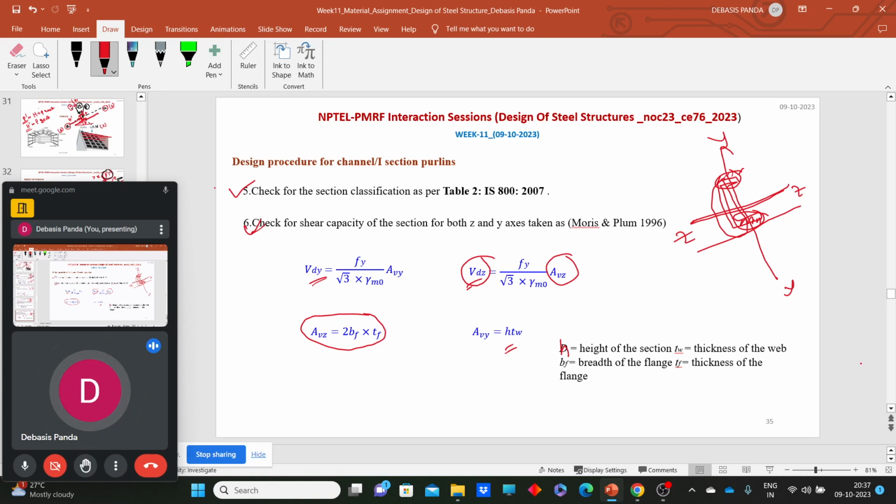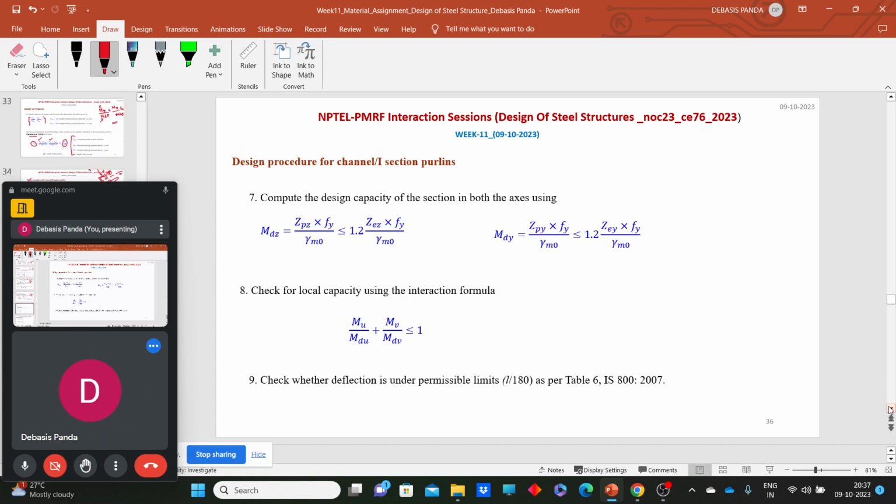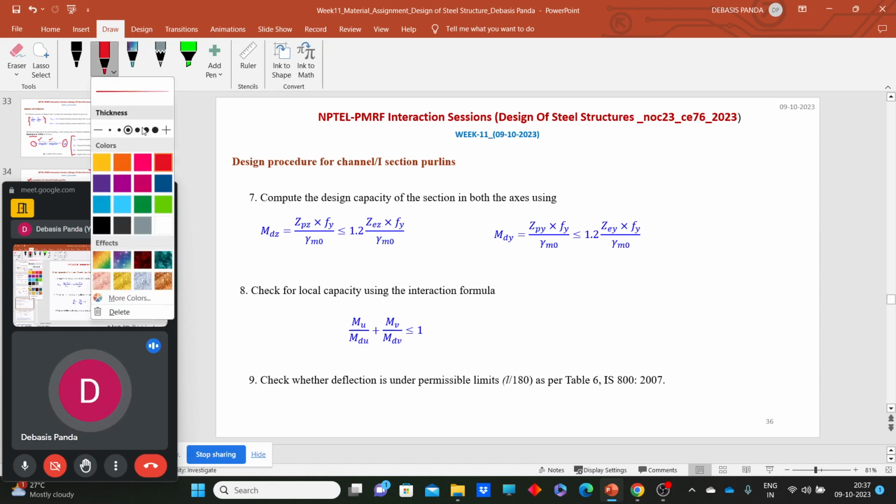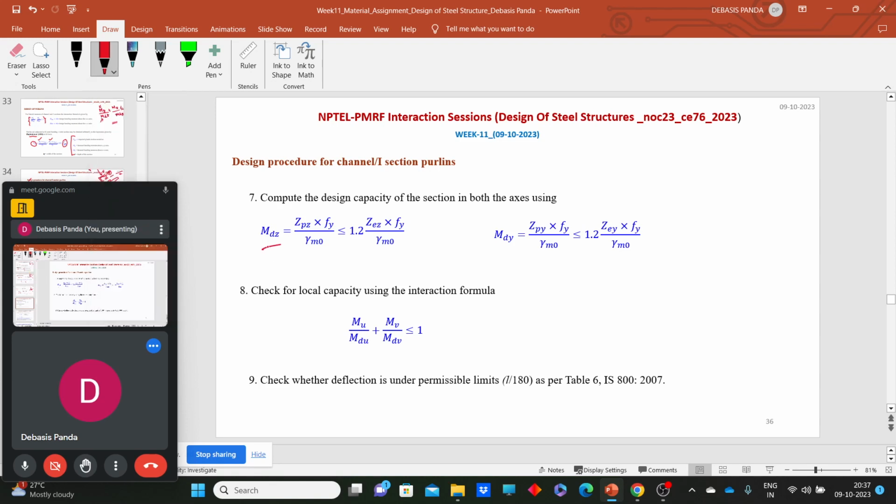When we have calculated this step, first we need to calculate the design bending strength along both the directions, along Y direction and along Z direction, because these purlins are subjected to loading from both the directions. So MDZ is about Z axis.